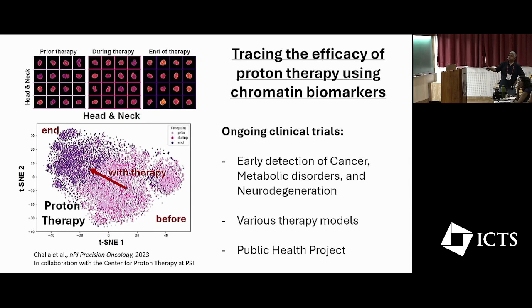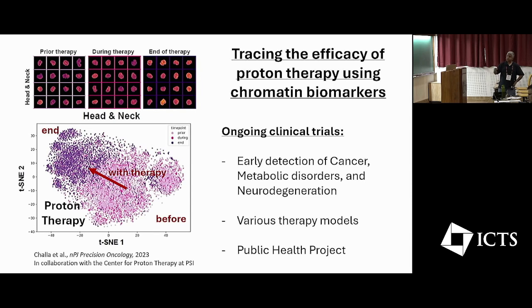So this has led to a number of ongoing clinical trials in our group, one for early cancer detection. We have a human trial that's finishing for metabolic disorders. We can actually detect from the blood chromatin states onset of metabolic disorders and progression.